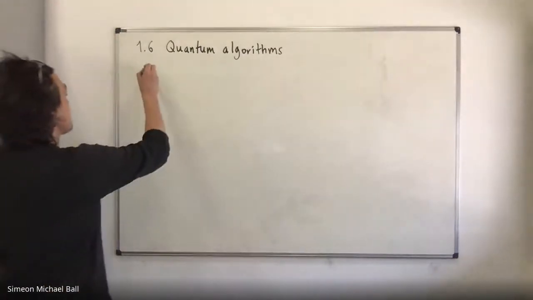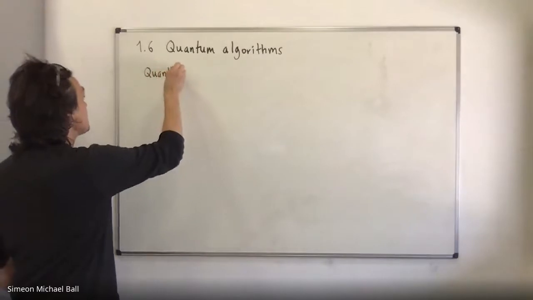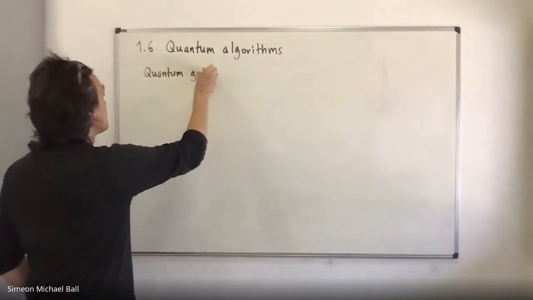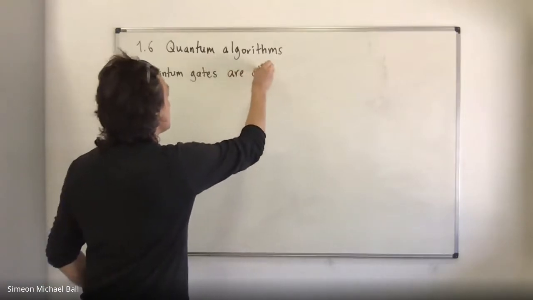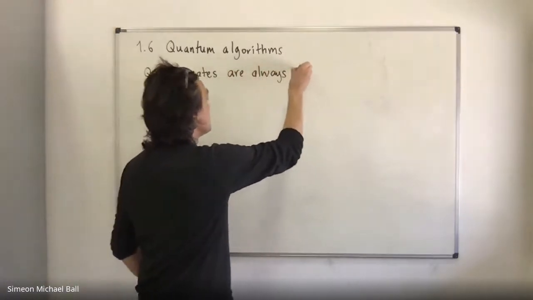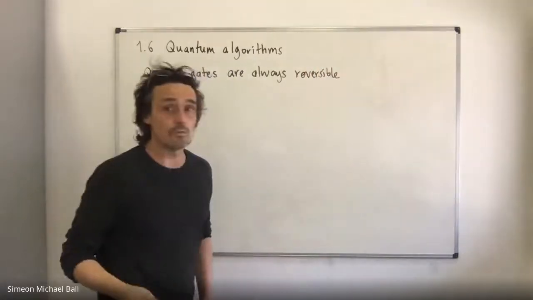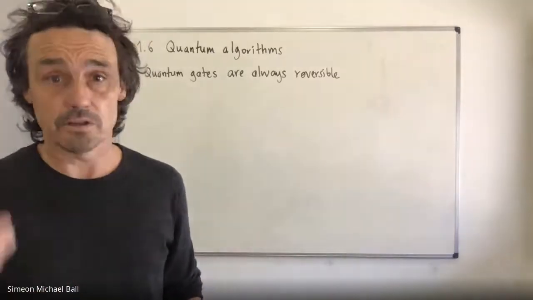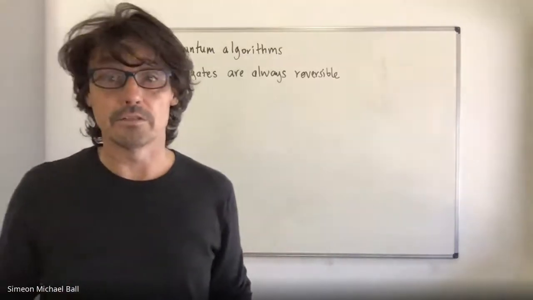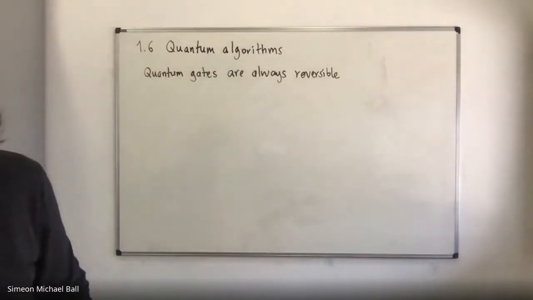Well, the first thing that I have to tell you is that quantum gates are always reversible. That's kind of what we saw last time with the unitary transformations preserving the probabilities and therefore having an inverse. The determinants are definitely non-zero.